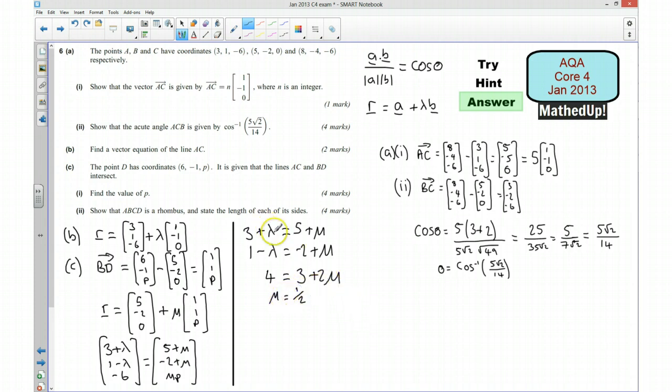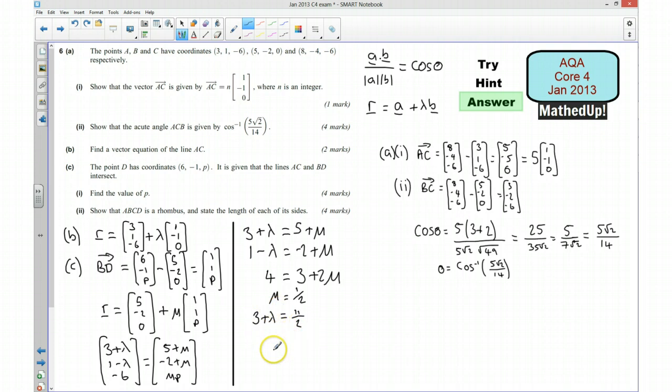Okay, I could sub this back in now, and I'll stick it into this one here. So I've got 3 plus lambda is going to be equal to 5 plus a half, which we'll write as 11 over 2.